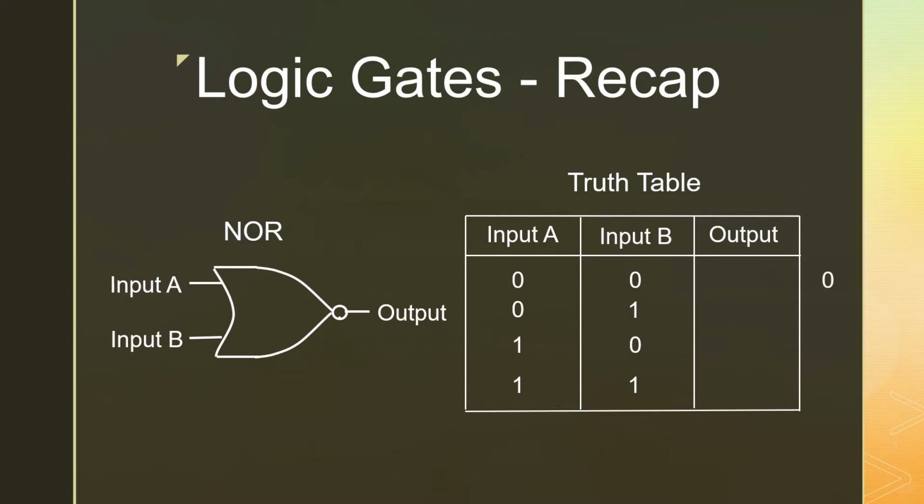So that would be 0, 1, 1, 1. And now I can just reverse those outputs to give me the output of the NOR gate. So we're going to get 1, 0, 0, 0. And like I say, that column outside the table isn't actually needed. It's just there for my workings to help me remember what these outputs are going to be.